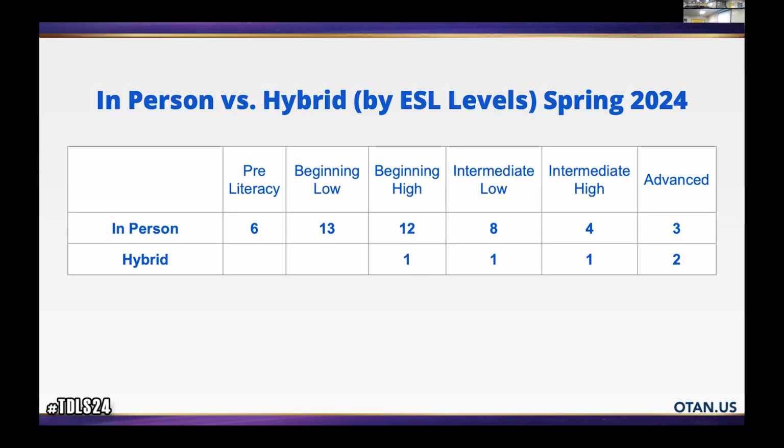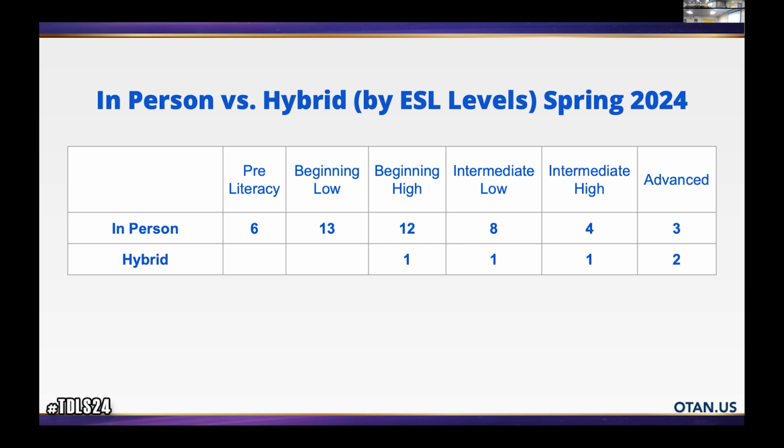Chart. From here you can see the numbers. So again, this is in-person versus hybrid classes this semester. These are the in-person classes we have this semester. And for hybrid, we have one beginning high, one intermediate low, one intermediate high and two advanced classes, compared to our in-person classes.